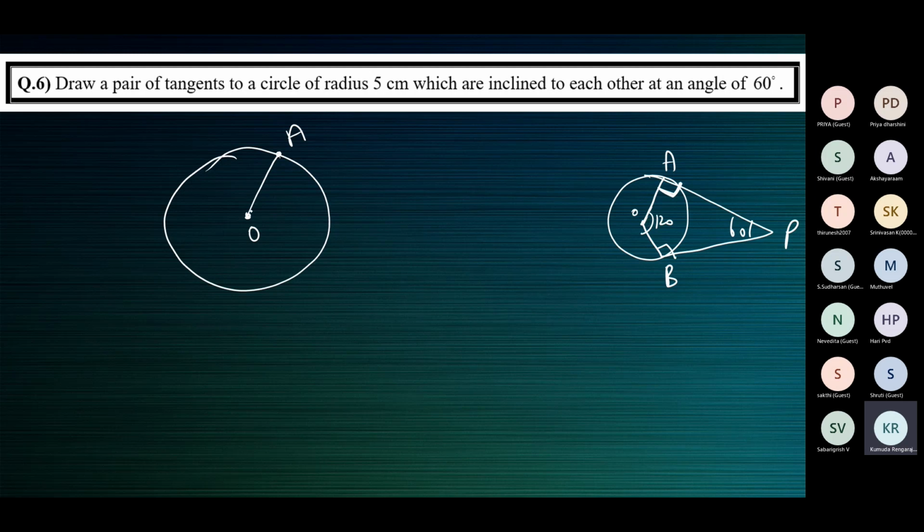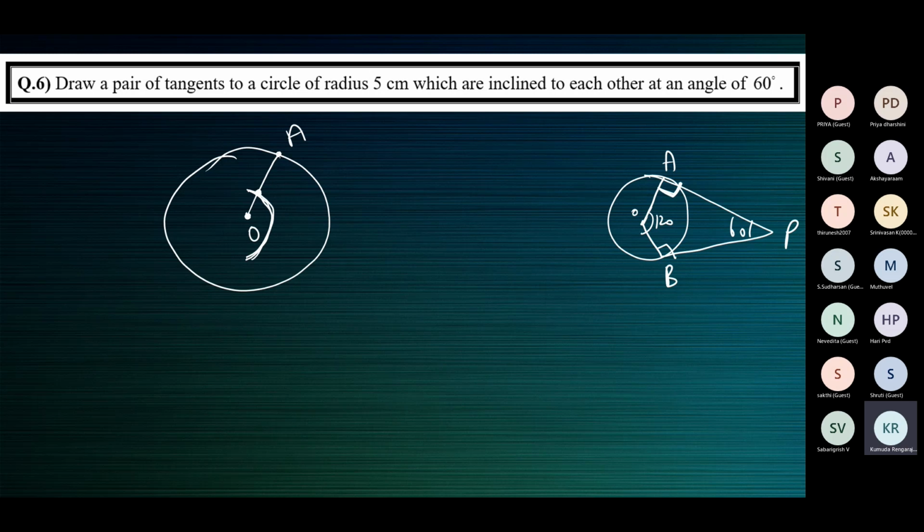At O, how will I make 120 degrees? With O as center and a small radius, I'm going to first draw an arc like this. Now don't change the radius.